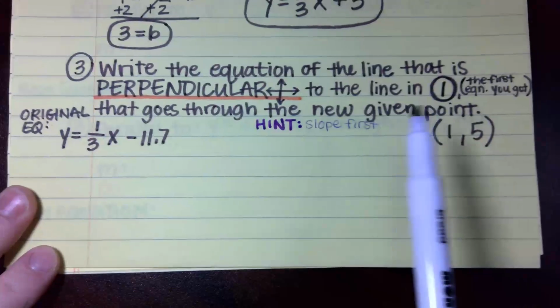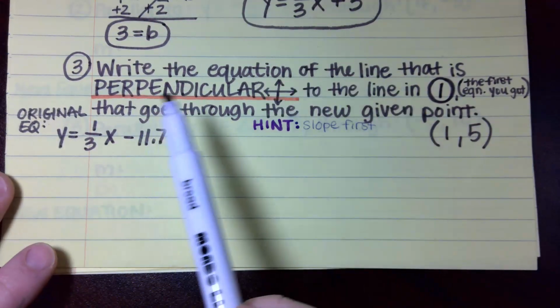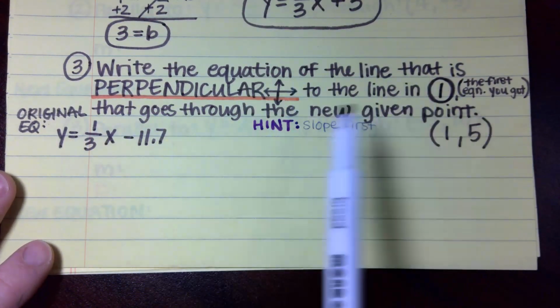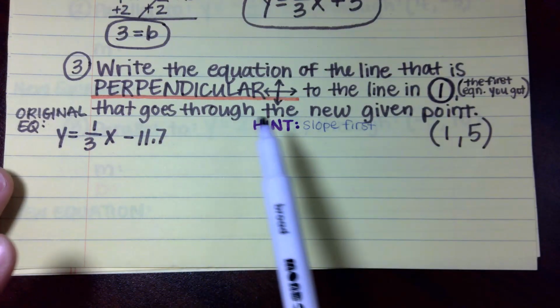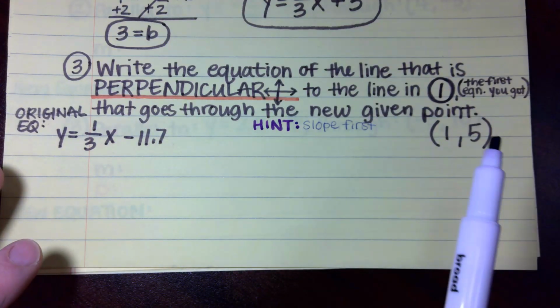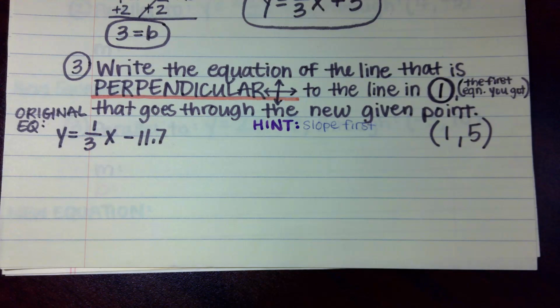So here is our original equation. And we want to find the line that is perpendicular to this. And the new line is going to go through the point 1, 5. So we have to use, what's the terminology? Anybody remember what we call it? Negative reciprocal. Yes.